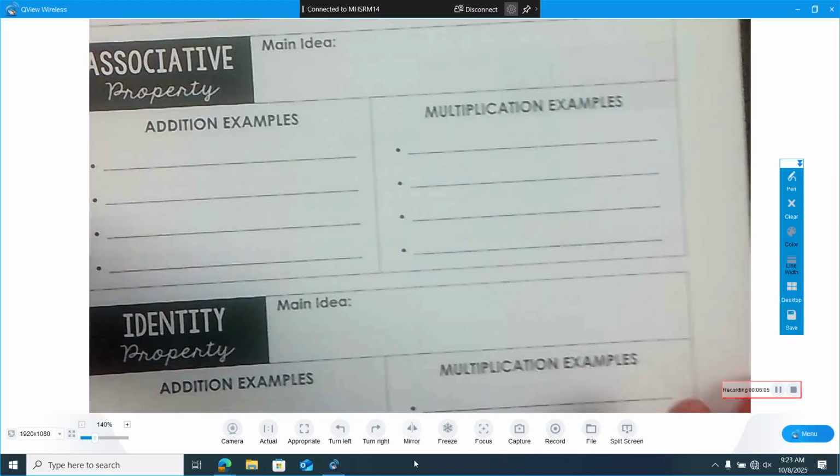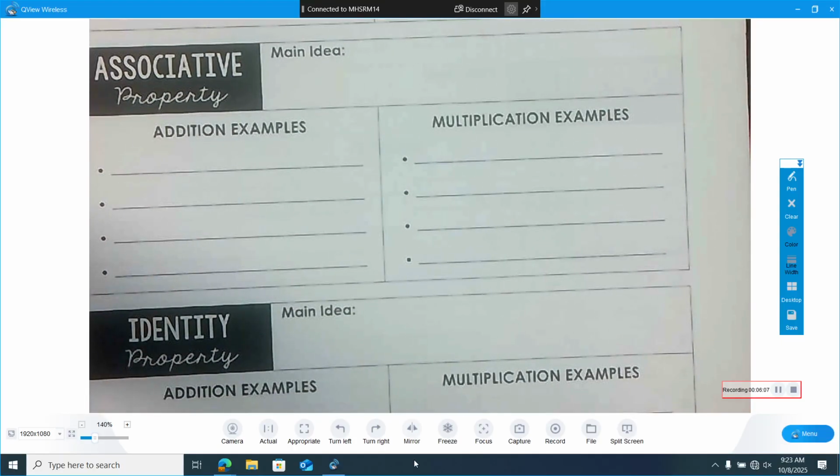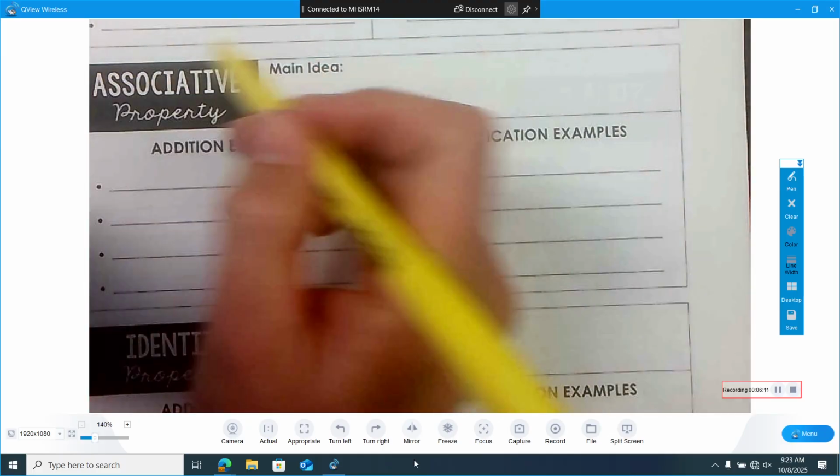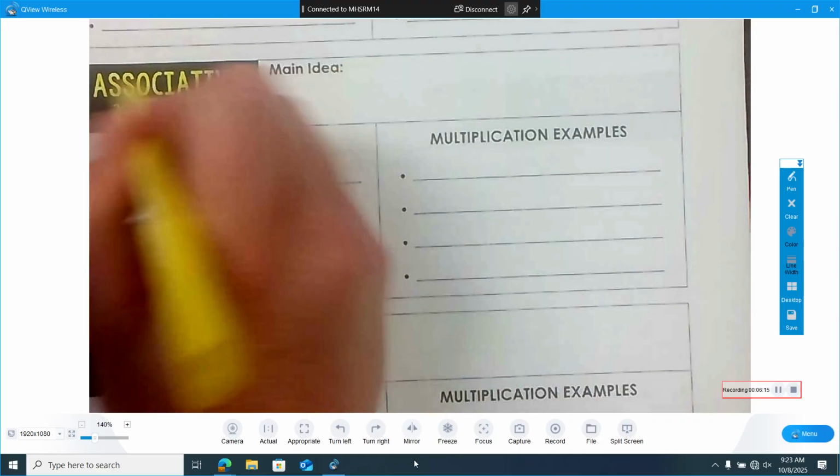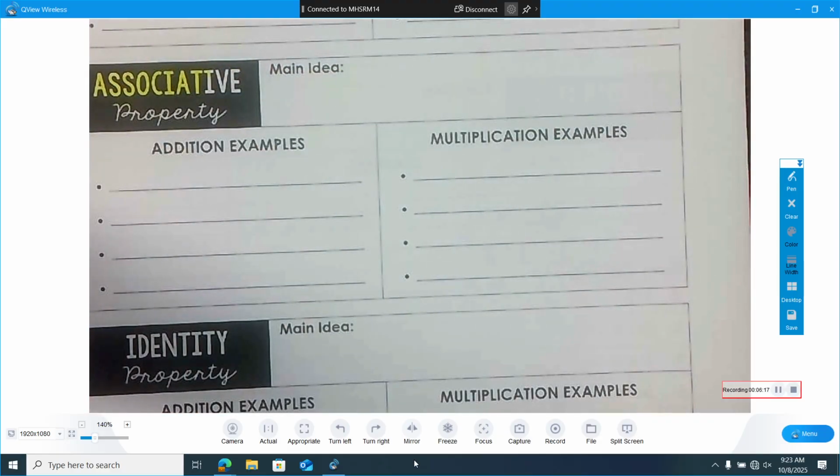All right. Next we have the associative property. The associative property, again, I like to look at the word associate. That's the root of the word. What does it mean to associate? Who do you associate with? People in your class, your friends, okay?